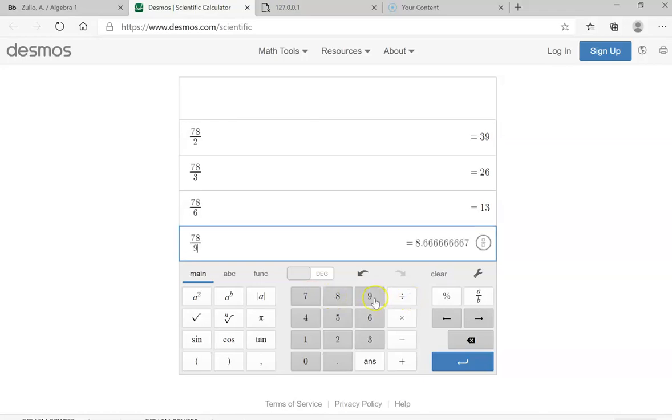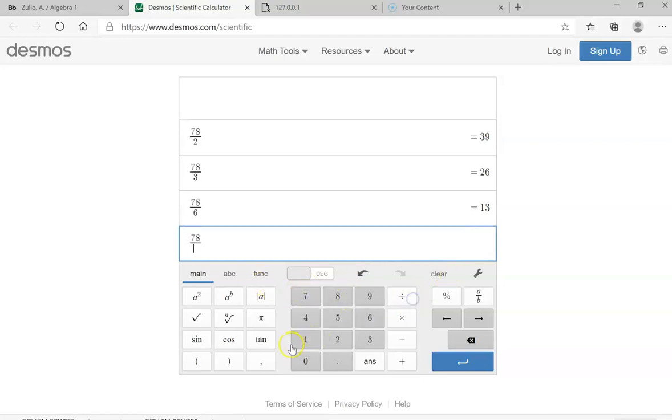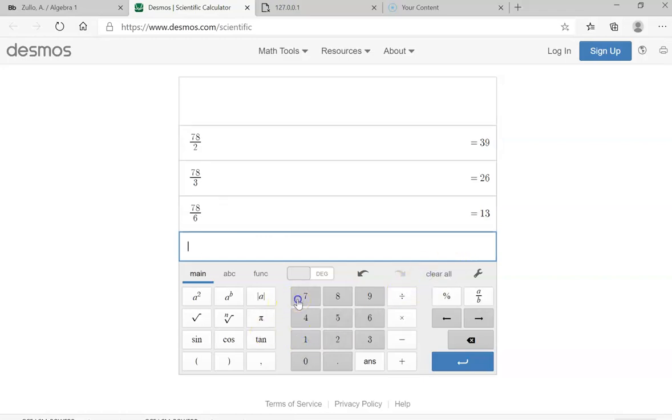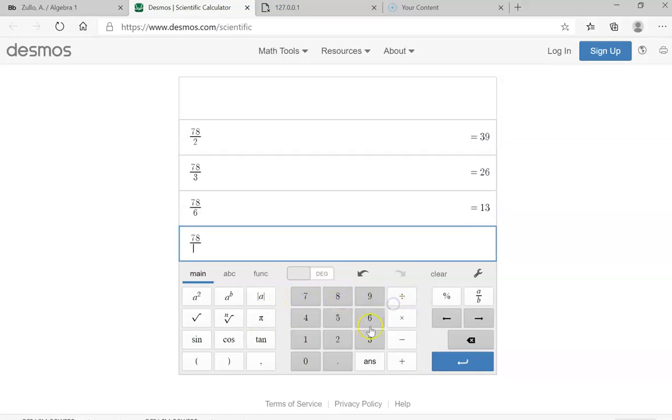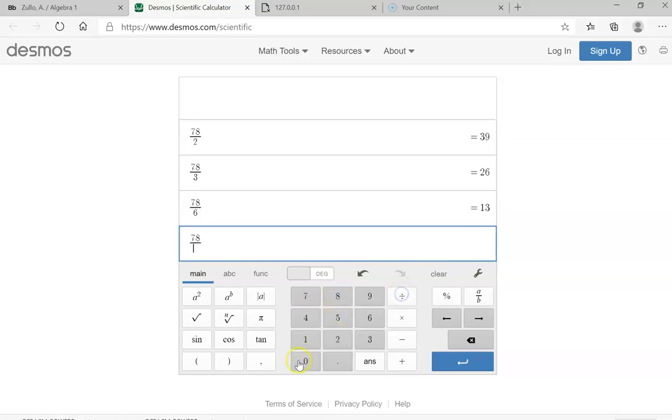Divided by 9 doesn't work, it gives you a decimal. 78 divided by 10, you know that that doesn't work. 78 doesn't end in a 0. 78 divided by 11, we should know that that doesn't work. And there's your decimal. 78 divided by 12.